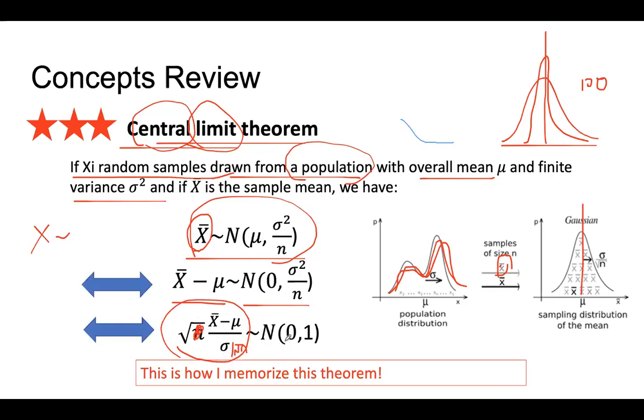If you divide it by the standard error, you will further shift it to what we call the standard normal distribution, which means the mean is 0 and the variance of it is 1, right? So this is how I memorize this theorem. You just take the mean of the sample. So the central limit theorem you can think of as the theorem of the sample mean.